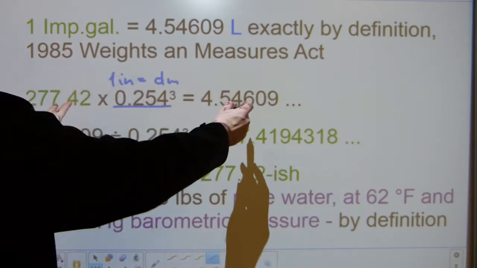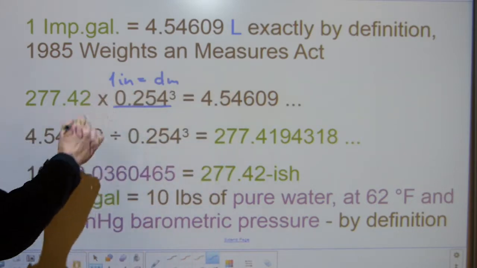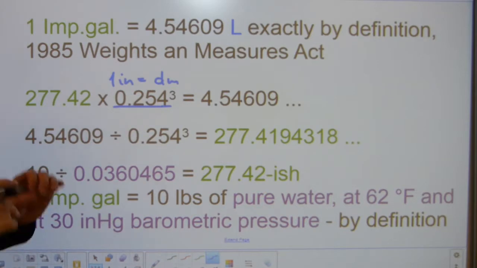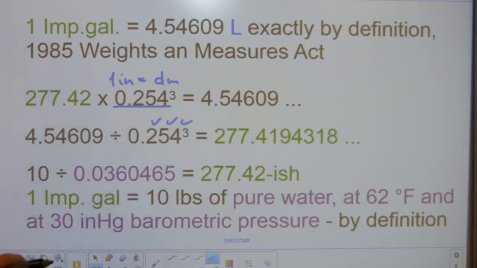If you undo this multiplication, you start with this number, you divide by this number which has exactly 3 decimal places, no more, it's a fixed number. This one always has just 3 decimal places, okay?